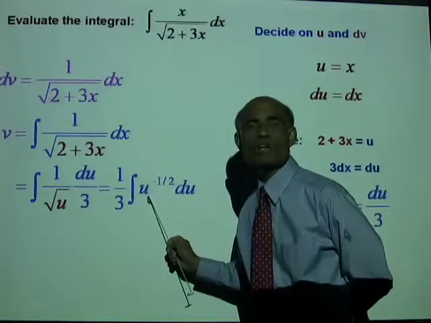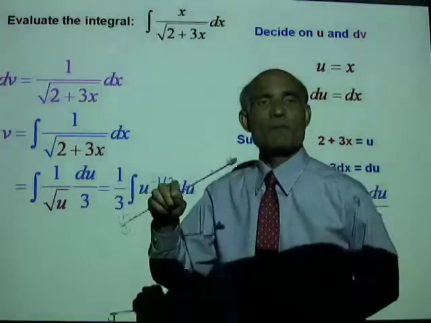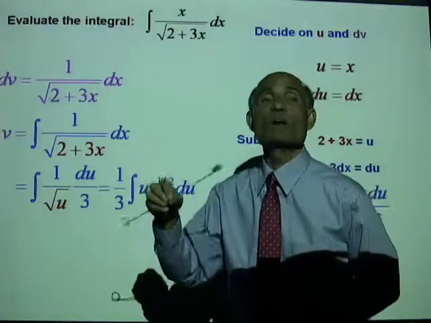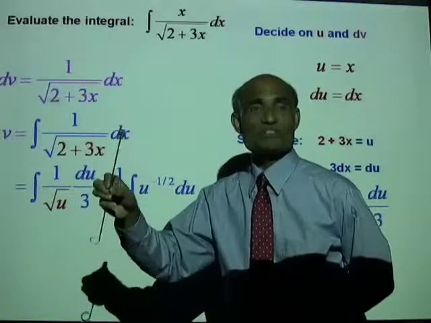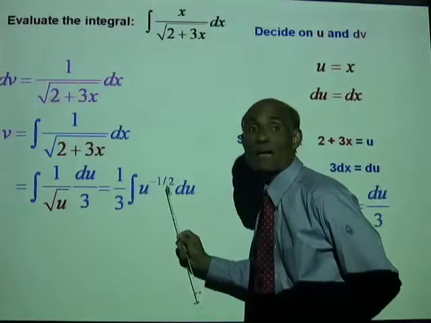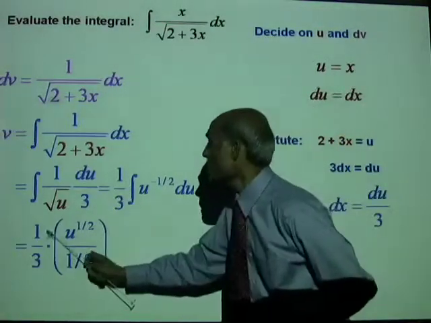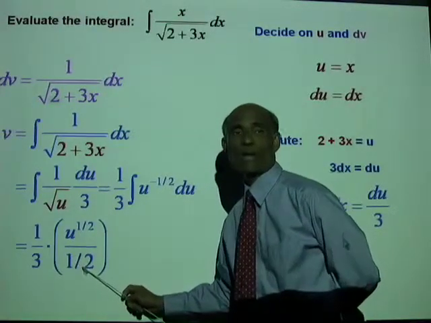What is integral u to the power of -1/2 du? It will be u to the power of -1/2 plus 1 over -1/2 plus 1, which is u to the power of 1/2 divided by 1/2. That's right. So that will be 1/3, u to the power of 1/2 divided by 1/2.